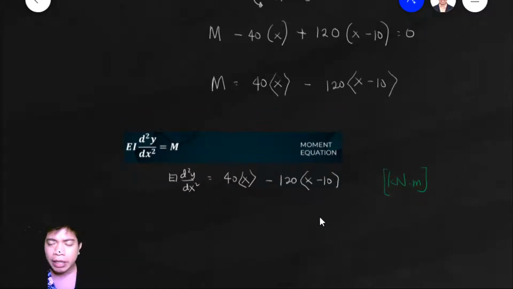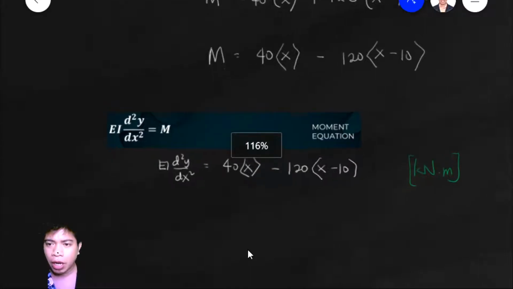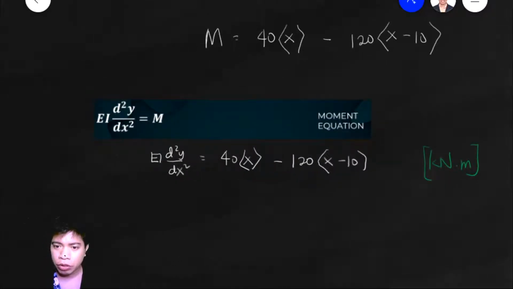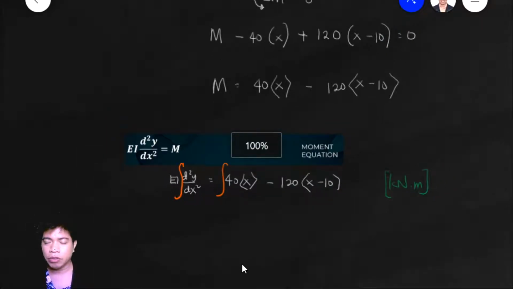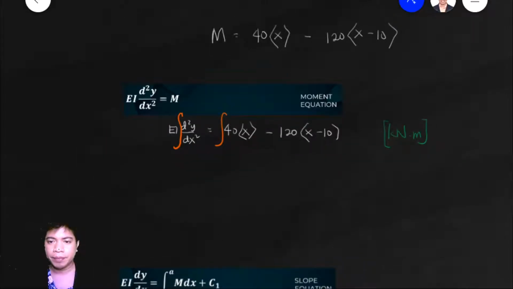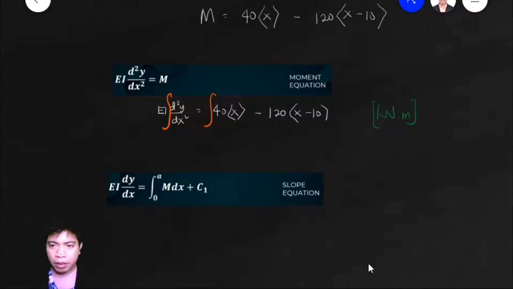So now, no, i-integrate natin ito para naman makuha natin nga yung slope equation. So again, kailangan lamang natin i-integrate sa magkabilang side ng equation para makuha nga natin yung slope equation. Okay. So para sa slope equation, so again, integrate natin, no?